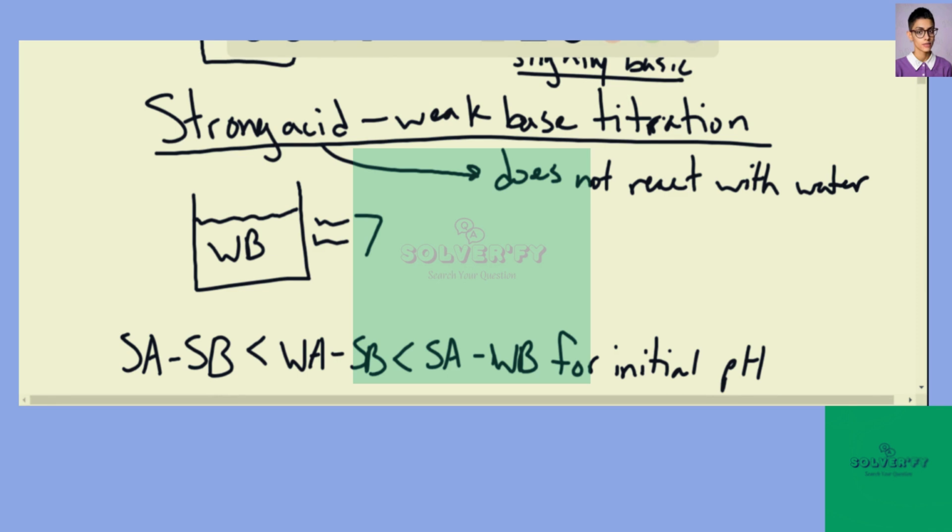The cation of the weak base acts as a weak acid and donates a proton to water. And it yields H3O+. Okay, so at the equivalence point, that makes this slightly acidic.